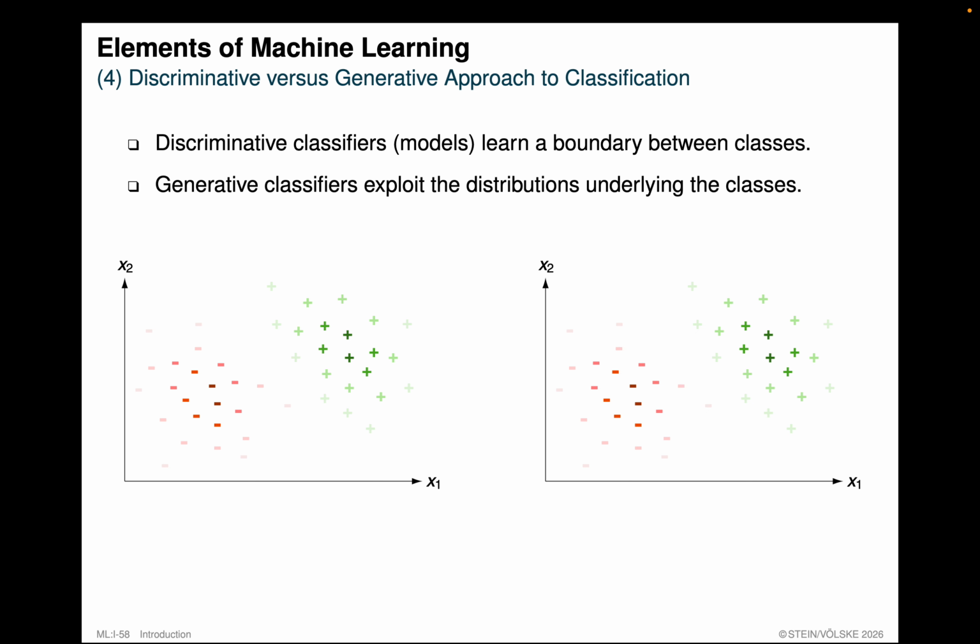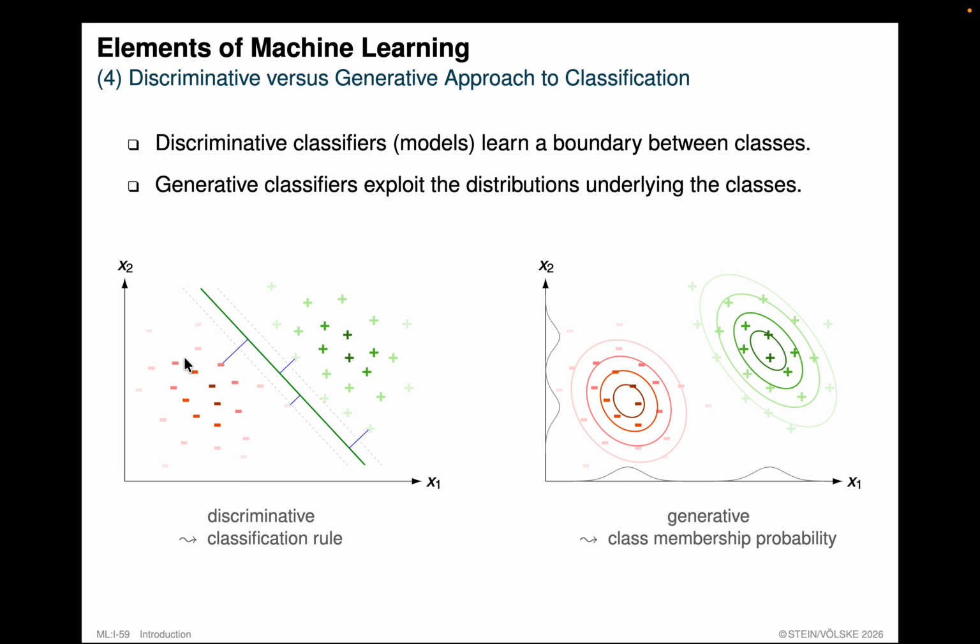And the fourth element I want to talk about is how do we decide or classify between different classes. There are two basic approaches that are distinguished. This is the discriminative classification versus the generative classification. And I want to contrast them both here. Discriminative classifiers learn a boundary between classes.